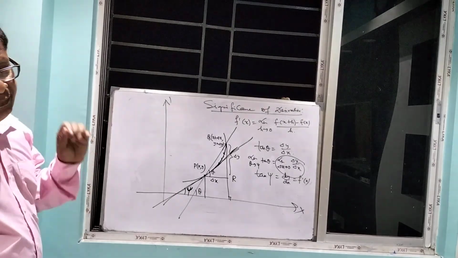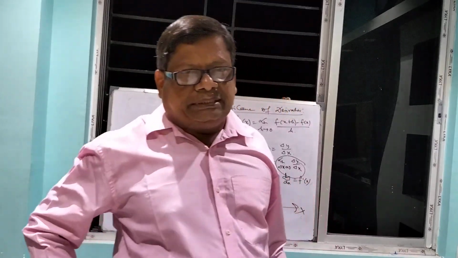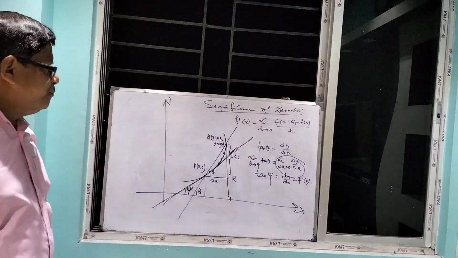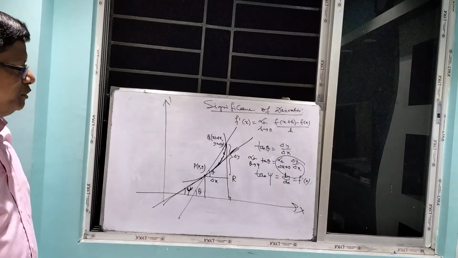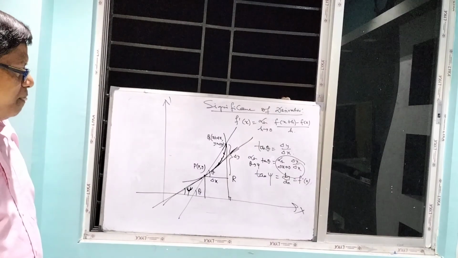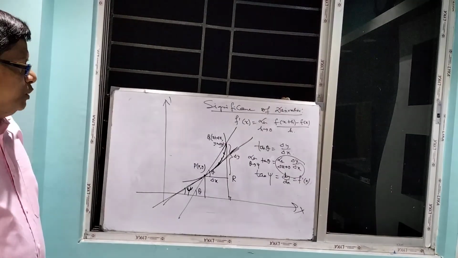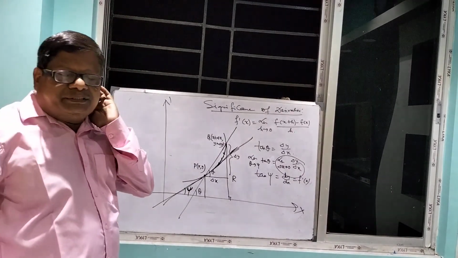That is, tan psi means the gradient at the point (x, y), which is dy/dx. So what is the geometrical significance?